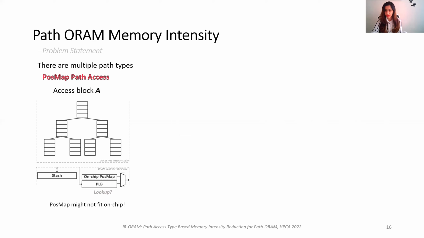Prior work suggests keeping a position map look-aside buffer, or PLB, to cache the posmap blocks.